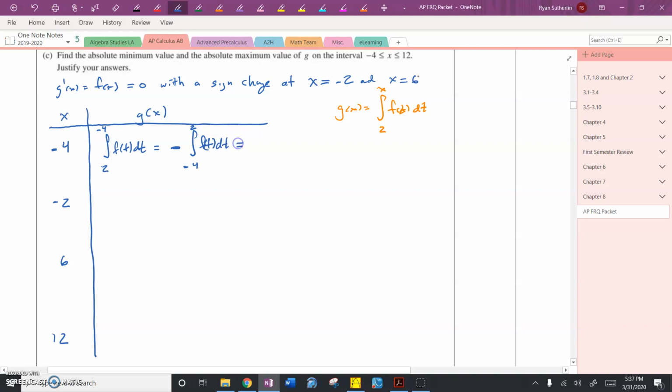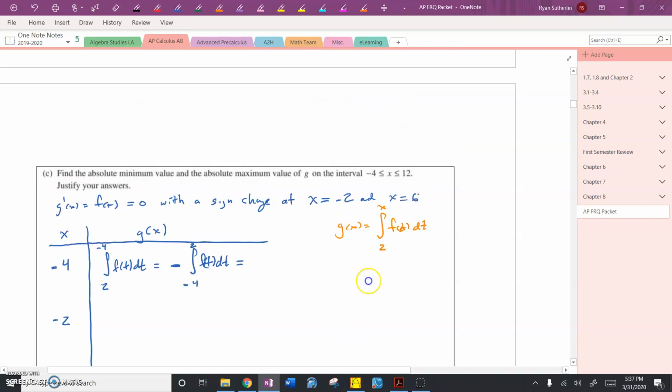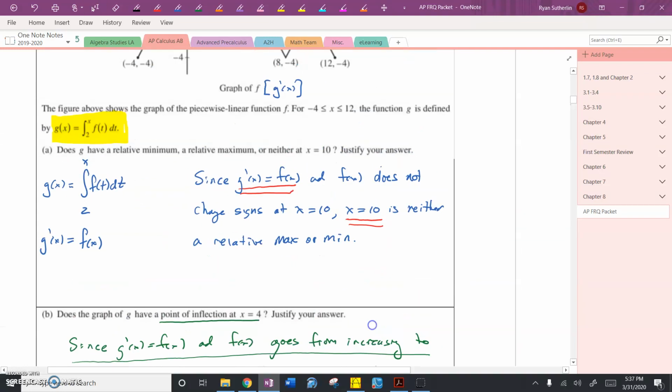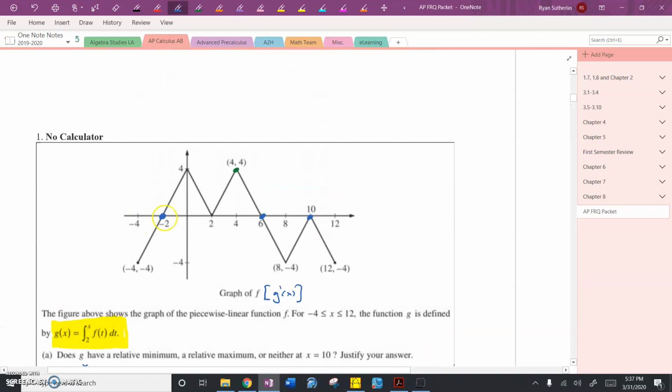And now I'm going to go to my graph, and I'm going to find all the areas that I could use here. So if I look from -4 to -2, that has an area of -4. -2 to 2 has an area of 8. 2 to 6 has an area of 8. 6 to 10 is -8. 10 to 12 is -4.